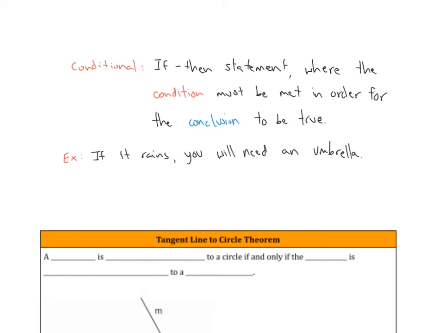Okay? So this is almost like a little bit of common sense, right? If it's not going to rain, we don't need an umbrella. However, put in a sentence in the following form, the condition is that it rains. And so if this condition is met, then your conclusion will be true.